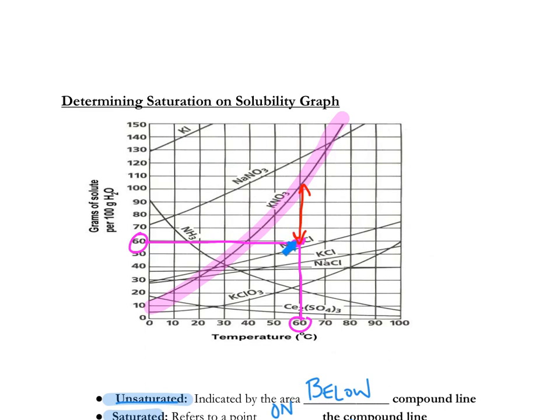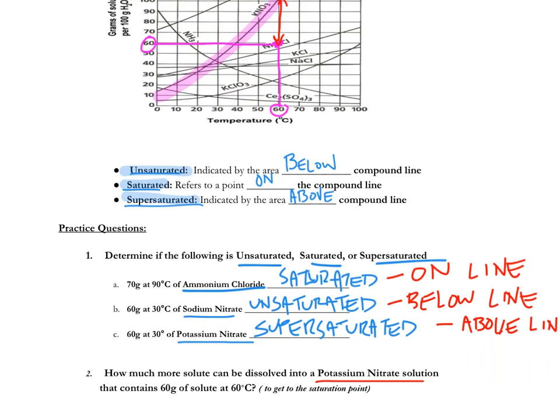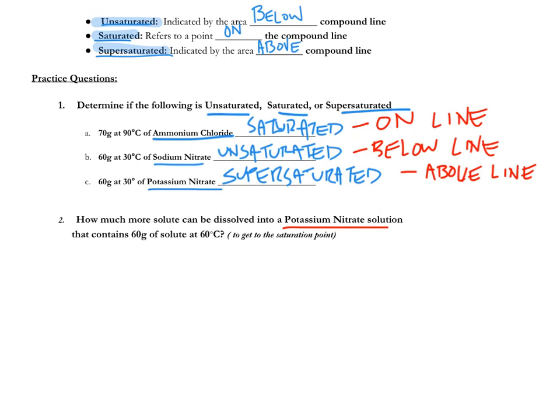If this is 60 and I'm in increments of 10, then I can go 10, 20, 30, 40 more approximately. 40 more grams can be dissolved at this temperature to get me saturated. So 40 grams is my answer. So we'd say 40 additional grams can still be dissolved.